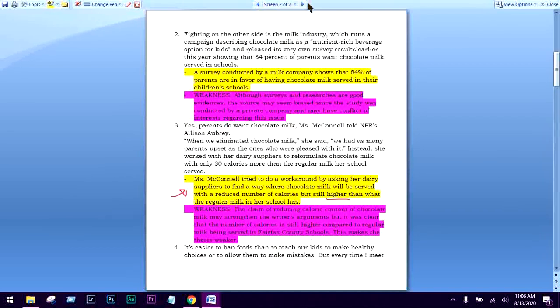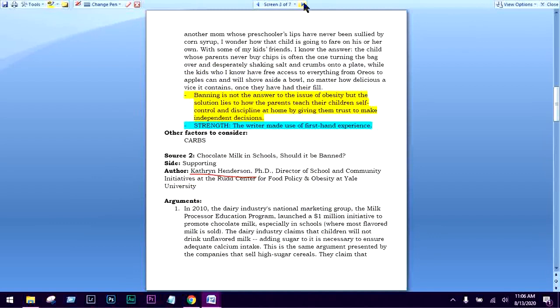Okay, and lastly, or I think I listed 4 or 5. 4 for KJ. Banning is not the answer to this issue of obesity, but the solution lies to how parents teach their children self-control and discipline at home by giving them trust to make independent decisions. Now, I consider this a strength because she pointed out a first-hand experience from her friend.